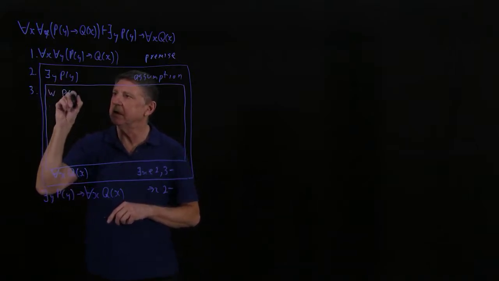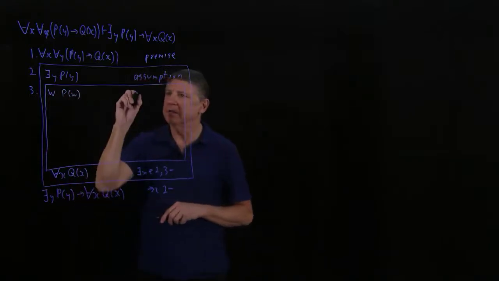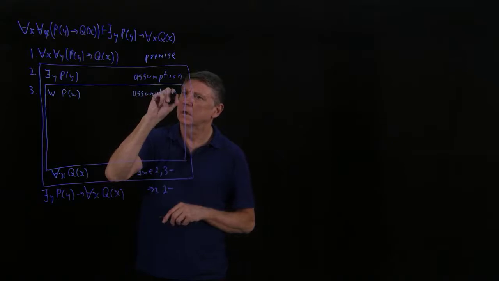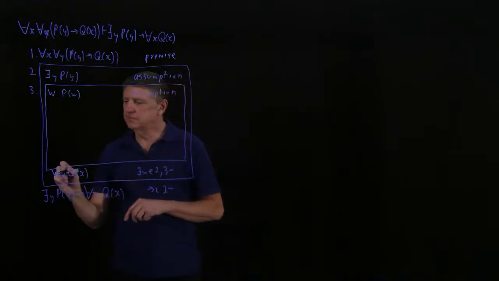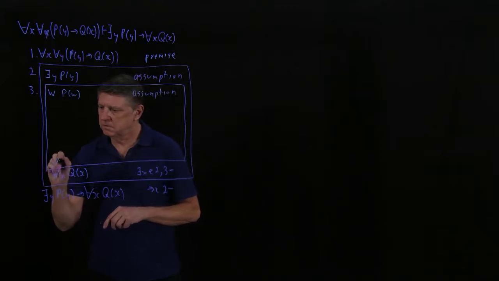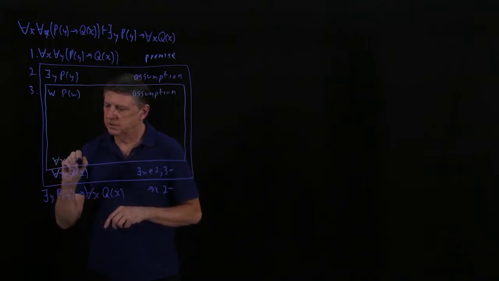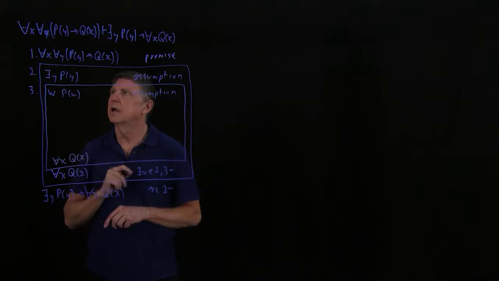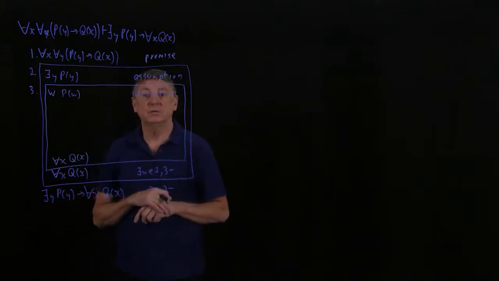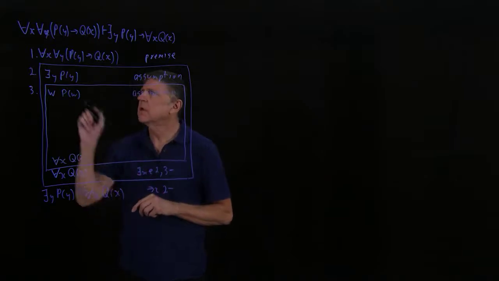So I'll get p of w. And that will be an assumption. I then take this formula and I copy it into the box, for all x, q of x. And I then ask myself, what could I do next?